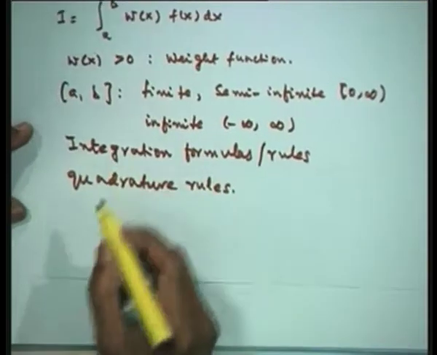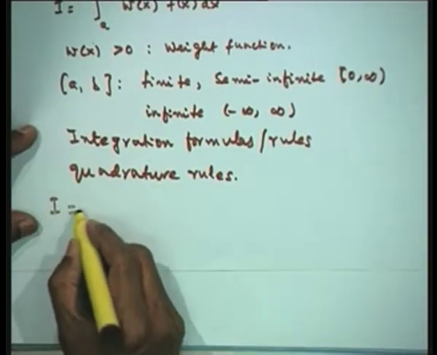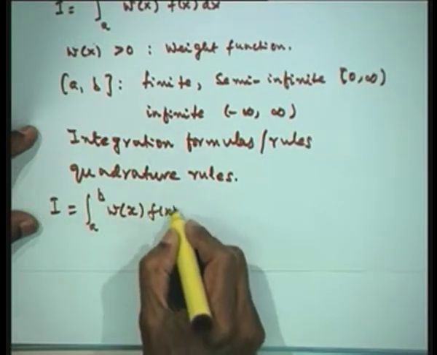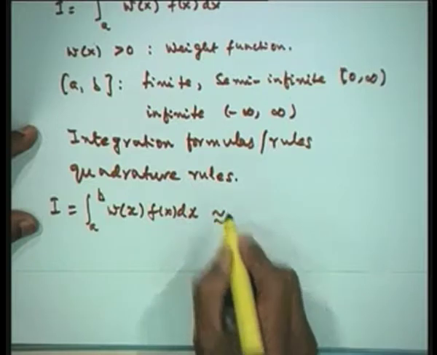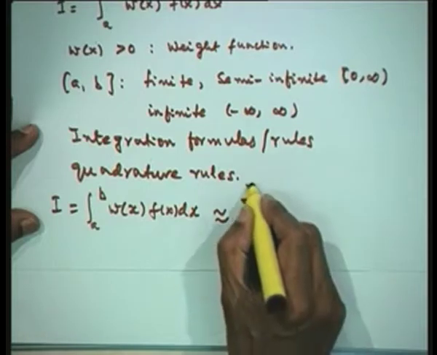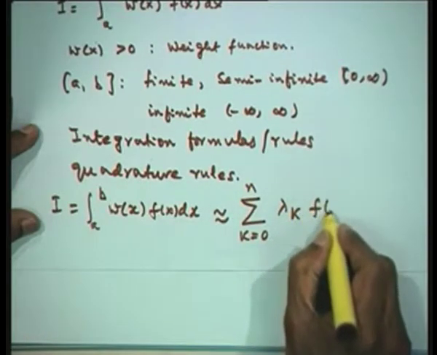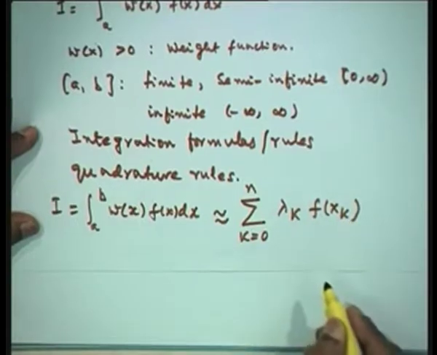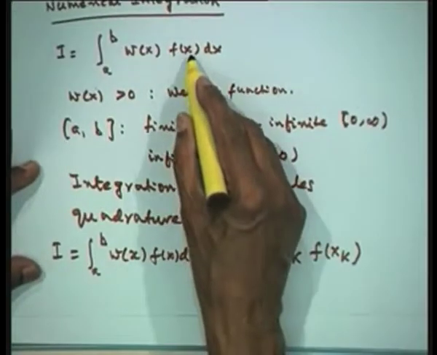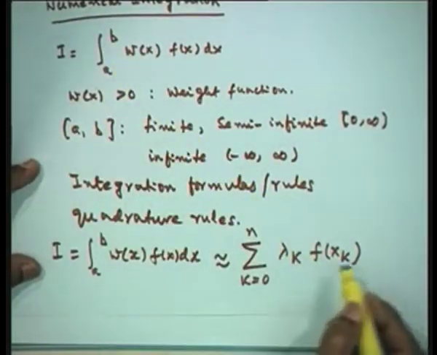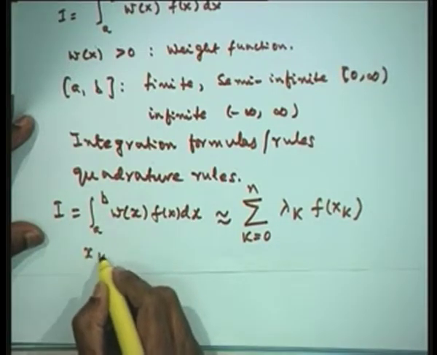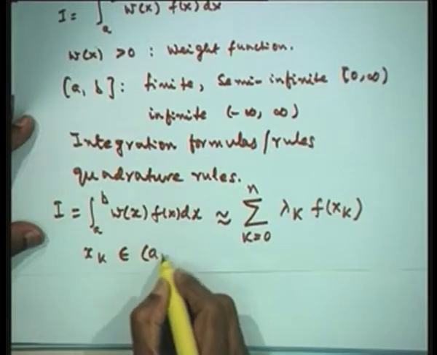Therefore, I must be able to write this integral I, equal to integral a to b w(x) f(x) dx, approximately as the sum for k equal to 0 to n of lambda k f(x k). Lambda k's are the parameters, and we are evaluating f(x) at a number of points in the interval a to b, and these points x k's are lying in a, b.